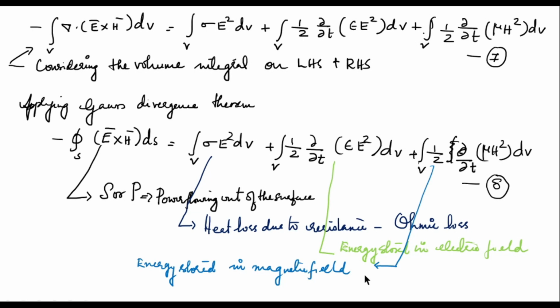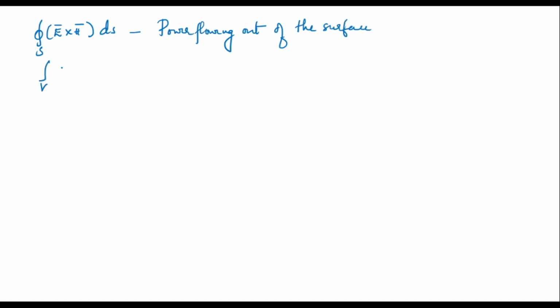The first term on the left hand side shows the power flowing out of the surface. So the total power flowing out of the surface will be the sum of ohmic loss, energy stored in the electric field, and energy stored in the magnetic field. That is the concept of Poynting's theorem. Integral over S E cross H dS is the power flowing out of the surface. Integral over V sigma E square dV shows the ohmic loss.